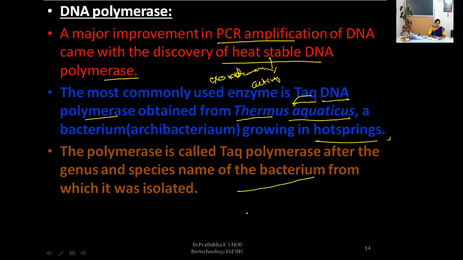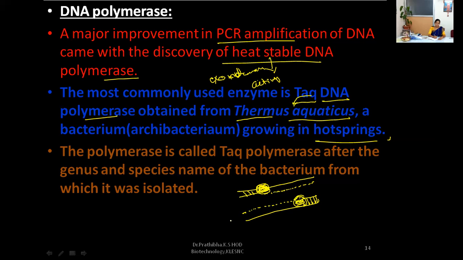For example, this is the template DNA. Primers are attached over here, and hydrogen bonds are formed here. Once they get the double-strand initiation, Taq DNA polymerase goes and binds there, and keeps on adding the individual nucleotides according to the template DNA. As the Taq DNA polymerase moves, it adds the individual nucleotides. The same thing happens here also.